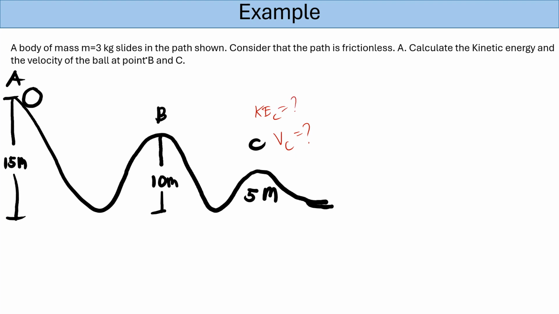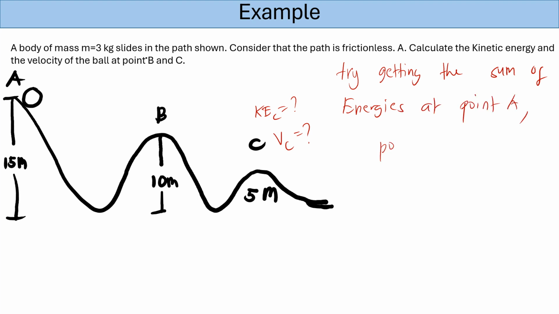And just an extra, try getting the sum of energies at point A, point B, and point C. So what do you mean by that?